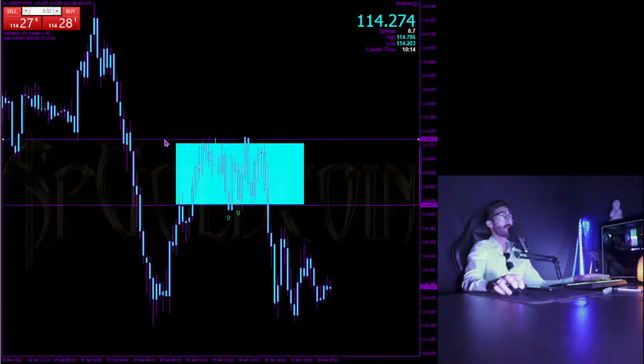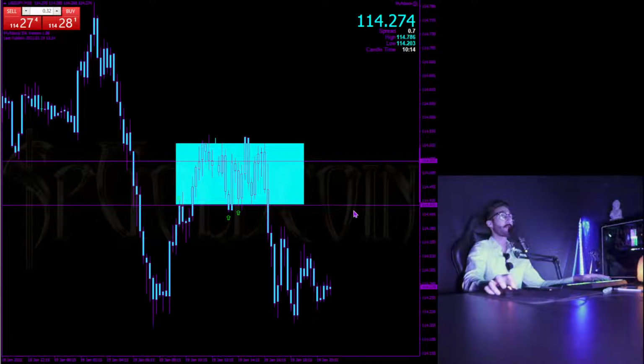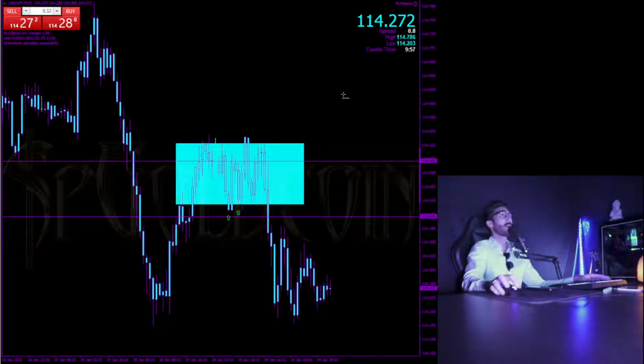Now we want the price to break the levels. So some of the main levels that I had, of course, are our whole numbers, 114.5. So that's what I'm looking at, 114.5, and then 114.4. And then if we were going to go up, 114.6.